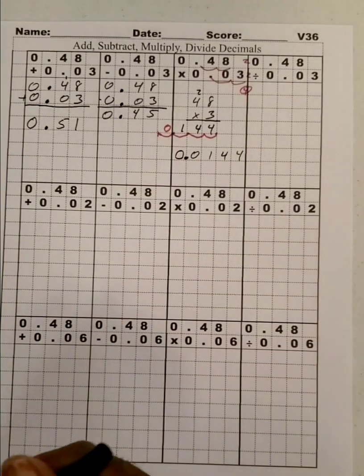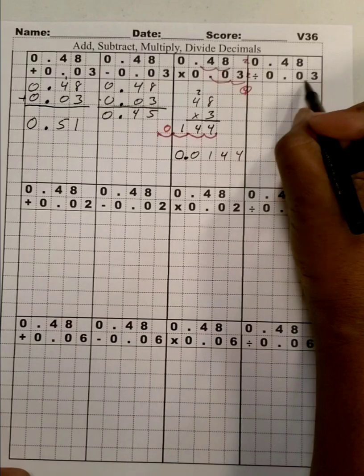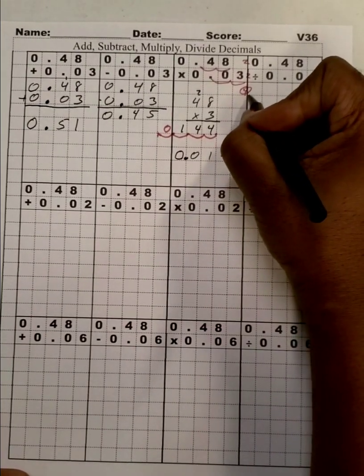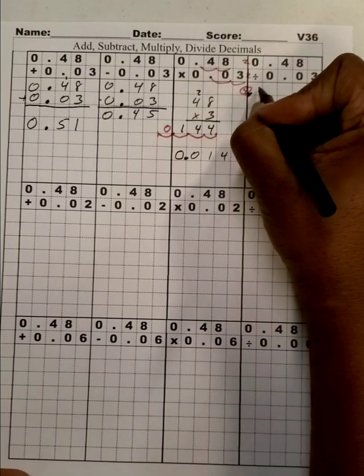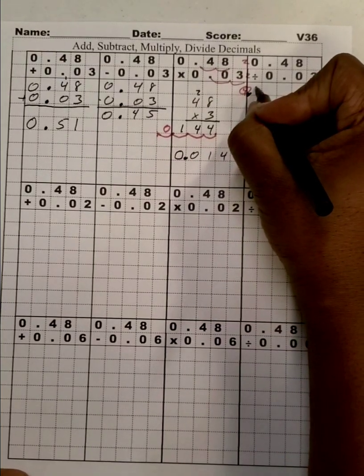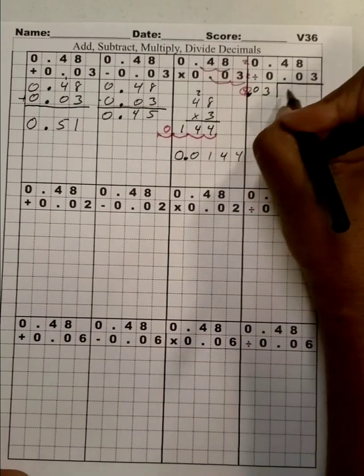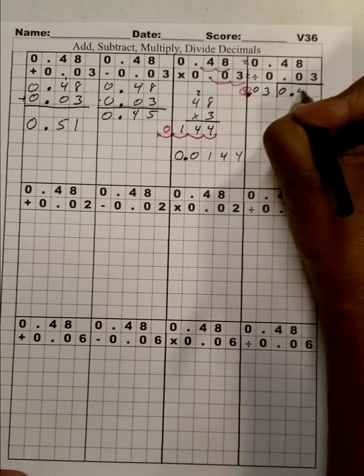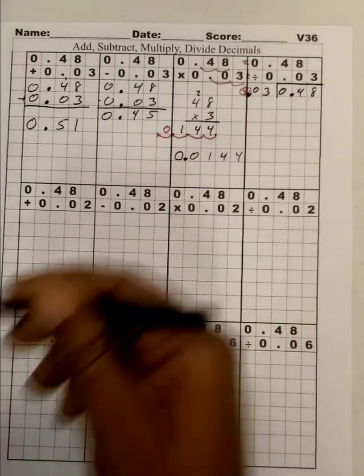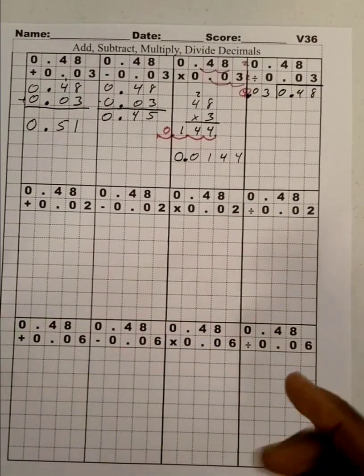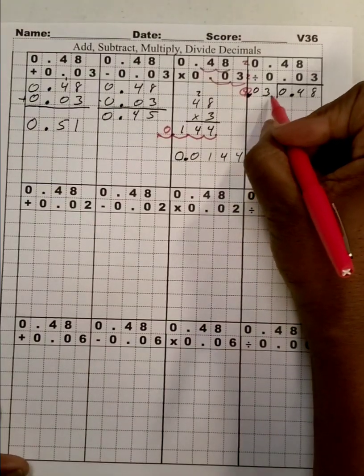Okay, division. The divisor needs to be written first. So let me write this as 0.03 and then dividing 0.48. All right, the divisor cannot have decimals. So this decimal has to be moved over to the back of 3.